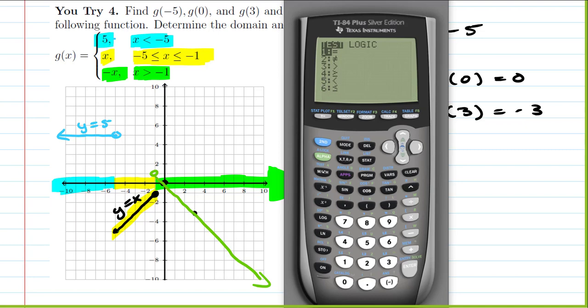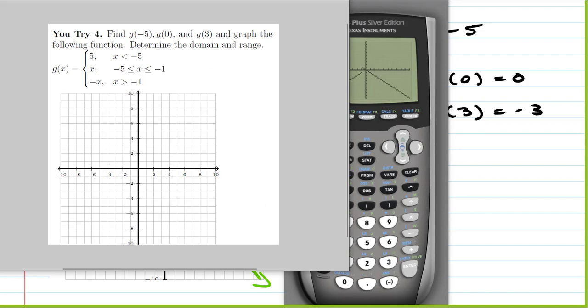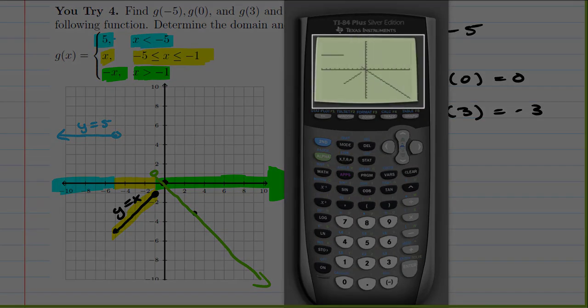So negative 5 is less than or equal to x. So that's the first part, close, and then we have to do it again. X is less than or equal to negative 1. And then we go plus our last domain, parentheses, negative x. And x is greater than negative 1. We hit graph. We get our horizontal line, that little piece, and exactly the same graph out of our graphing calculator that we got when we created the graph manually.